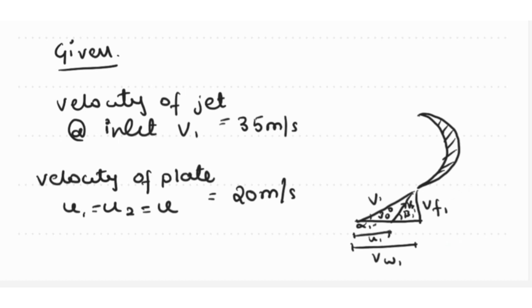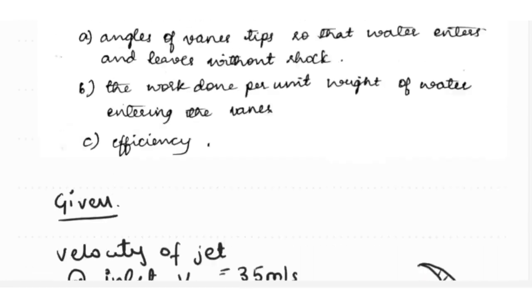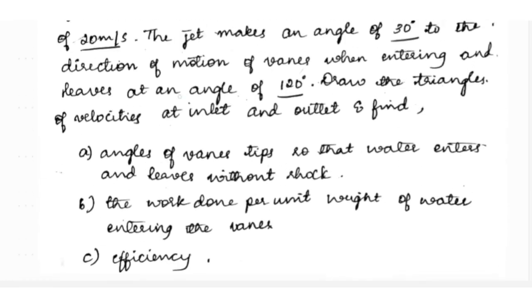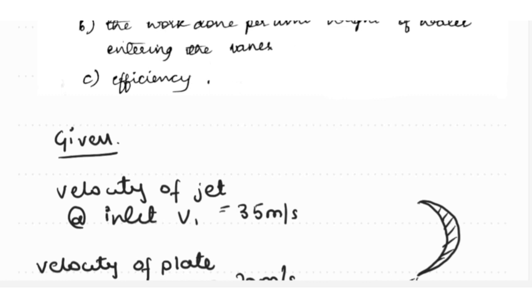So let us go with the outlet triangle. In the question it is given that the jet leaves making an angle of 120 degrees. Always remember, when the angle is greater than 90 degrees, alpha will be acute. So I will draw the velocity triangle.